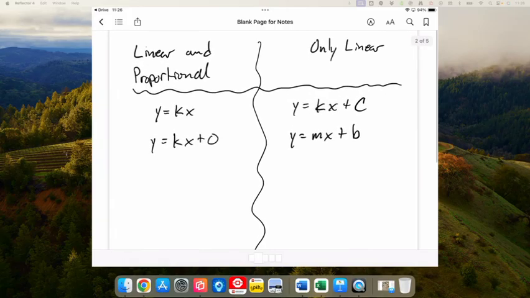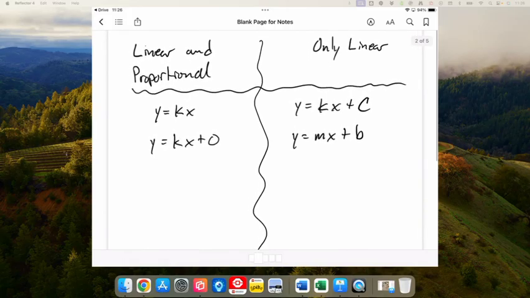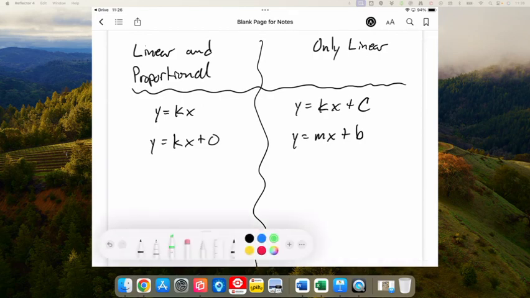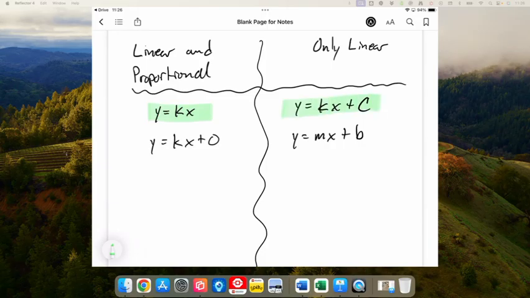Okay, we have linear and proportional versus only linear, and I've got quite a lot to add to this. I just wanted to stop at this point and have a conversation about what I've already got here with you. And so let's take a look at both of these that I'm highlighting green. y = kx and y = kx + c. You would have seen y = kx in 7th grade.